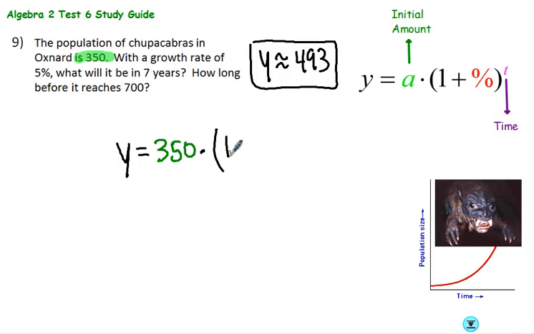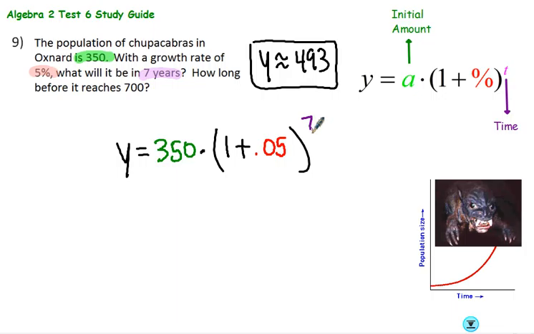So they reproduce at a rate of 5%. So we'd say 1 plus 0.05, and then that is to the t, which represents time. So we're saying how much in 7 years. So to the 7th power.